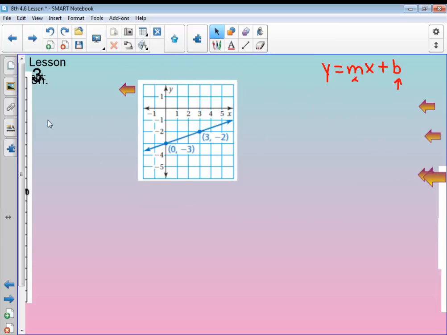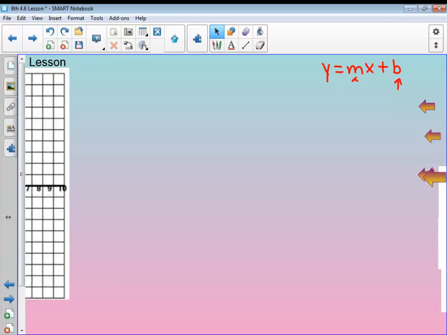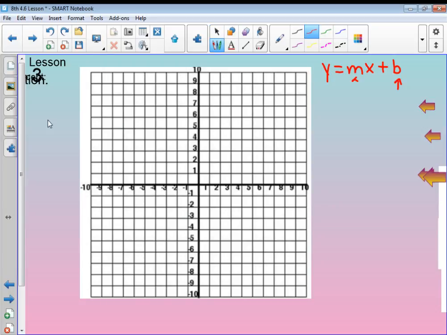So I'm going to pull my graph out here. Okay, so if we were to write the slope of this line, act like that line extends all the way through.